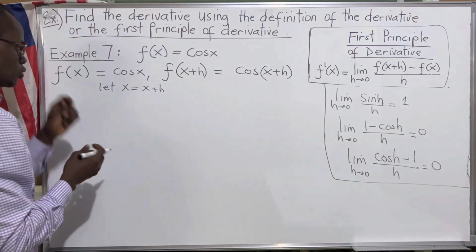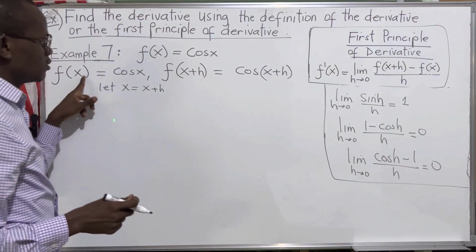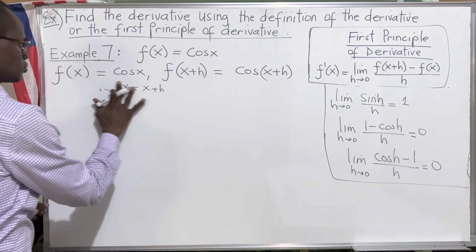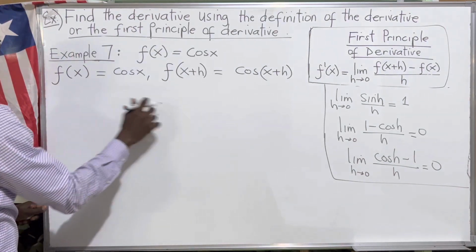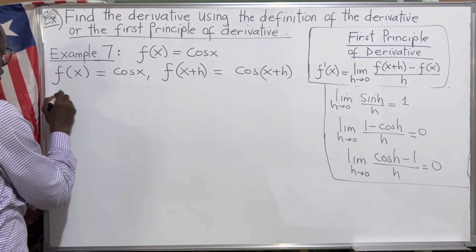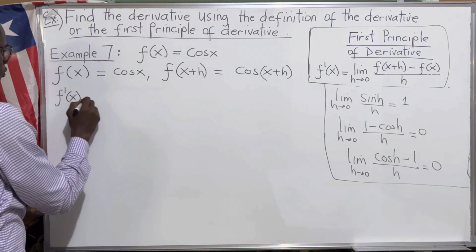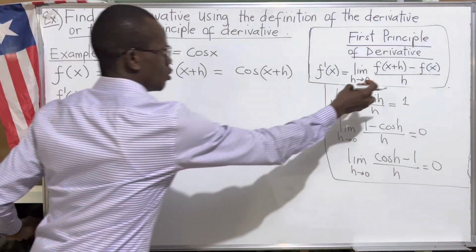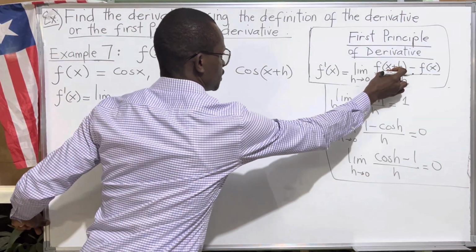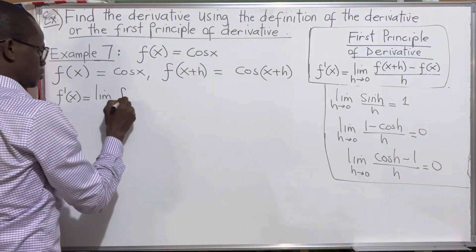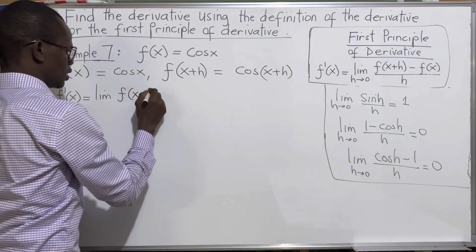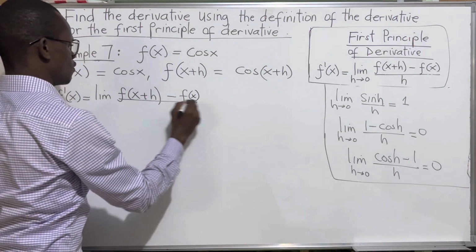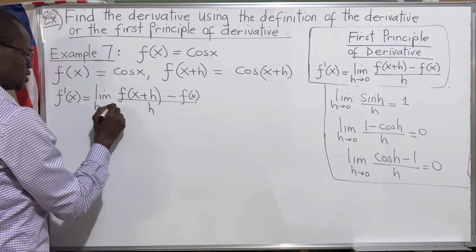So it means you have f of x now, and you also have f of x plus h. We now put it in the problem. We have f prime of x is equal to the limit of f of x plus h minus f of x all over h as h approaches 0.